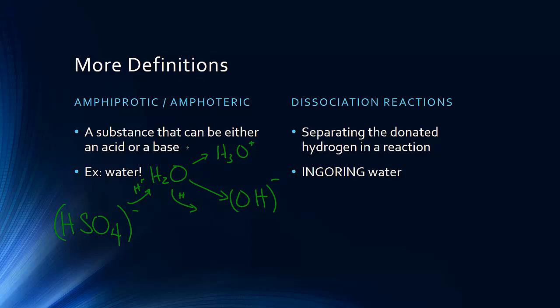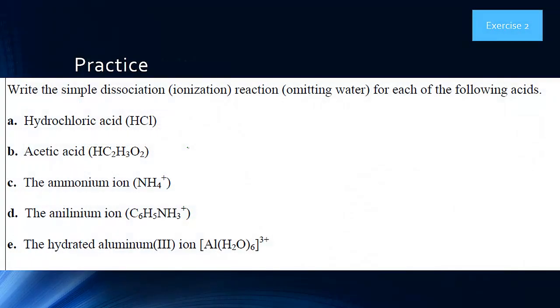For example, bisulfate. Bisulfate could pick up a hydrogen, making the conjugate acid sulfuric acid, or it could donate a hydrogen, making the conjugate base the sulfate ion, because it has space to drop or pick up another proton. In a dissociation equation of an acid, we simply show how something either picked up or gained that hydrogen 1 at a time.